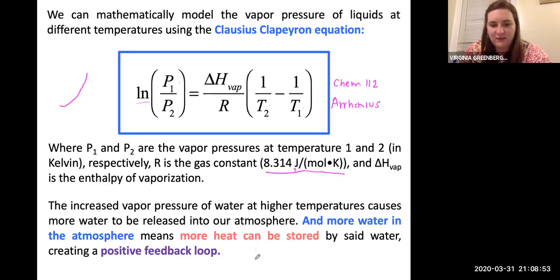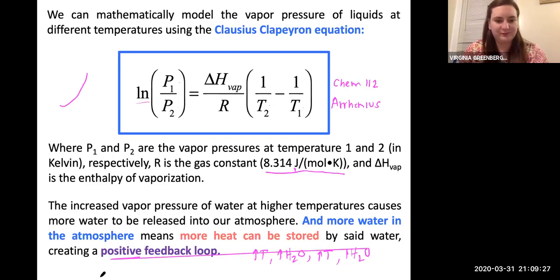And so what ends up happening is if we heat up the earth, we get more water in the atmosphere, which means that we get more heat, higher temperature, which means we get more water dissolved in the atmosphere, and this goes on and on and on. And so when you have two different effects that kind of feed into each other and cause the other to keep happening, we call that a positive feedback loop.